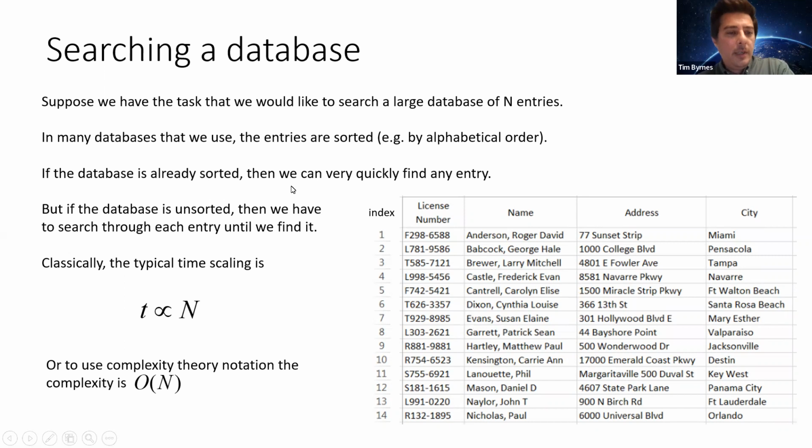But if the database isn't sorted, then it's not as easy to find. If I instead say, find me the entry where the license number ends in the four digits 0220, because these license numbers are not ordered, what you have to do is go through and check each one.